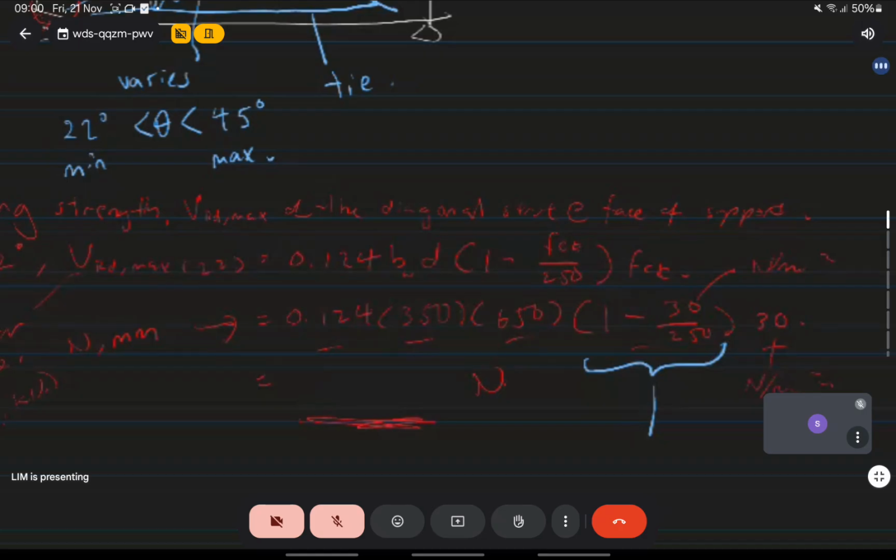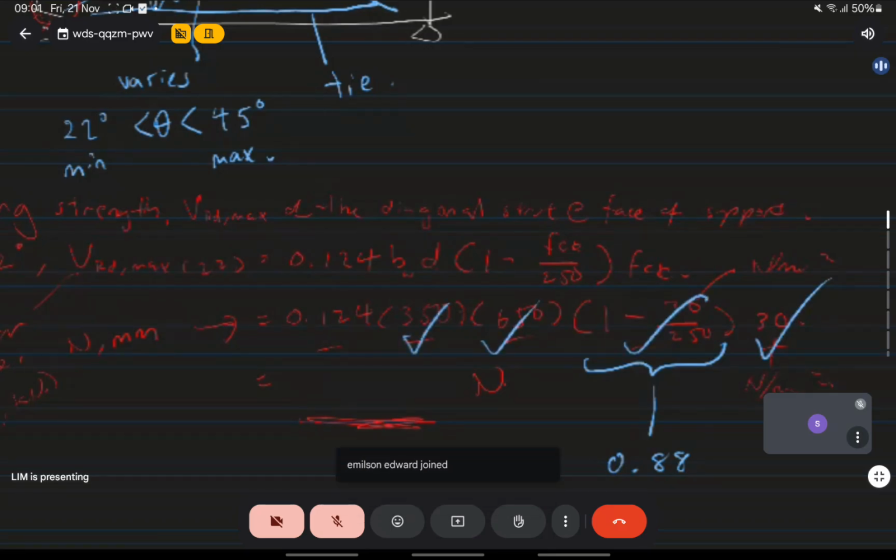What is that? 1 minus 30 divided by 250. 0.88. Correct. Okay. 0.88 times 30. 26.4. Okay. And then times 350 times 650.